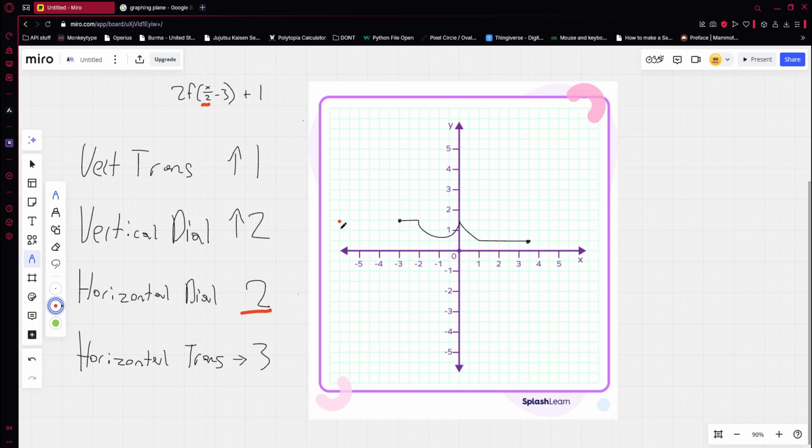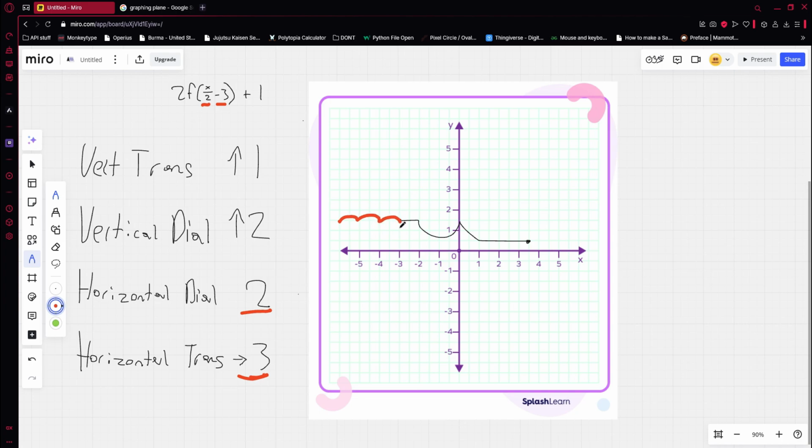After we do that, horizontal dilation is done. Still in the parentheses, we are going to do the horizontal translation. So we're going to go to the right by 3. We're going to go 1, 2, 3. Well, this is 2 per unit, so really it's 1, 1, 2, 3.